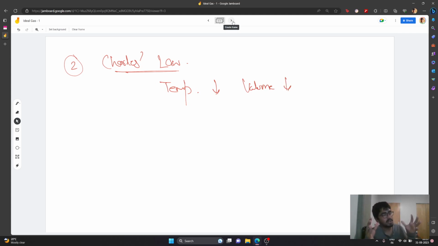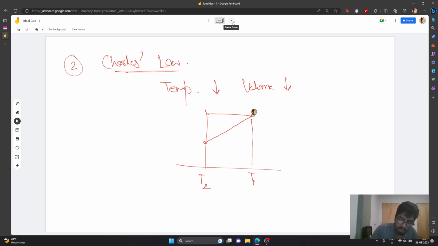You're cooling the gas down, and the volume starts shrinking, right? Say the volume was at a certain point for a certain temperature, and when he lowered the temperature from T1 to T2, the volume went down from V1 to V2, right? Something like this started happening.